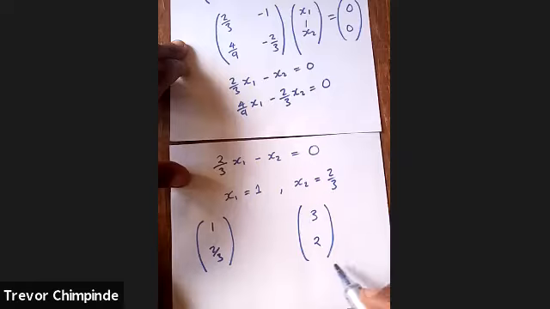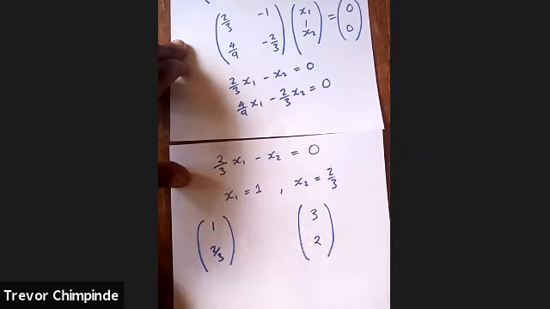So this is any of the two, any choice. There are more choices than this. I would pick this because I just want integer entries.